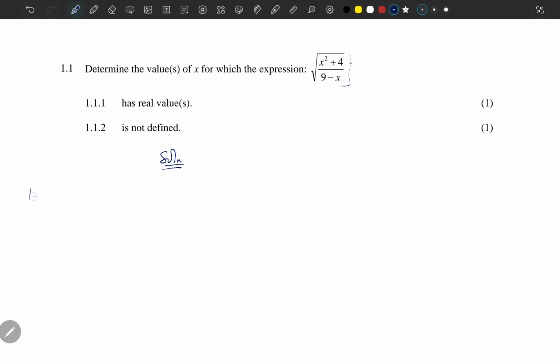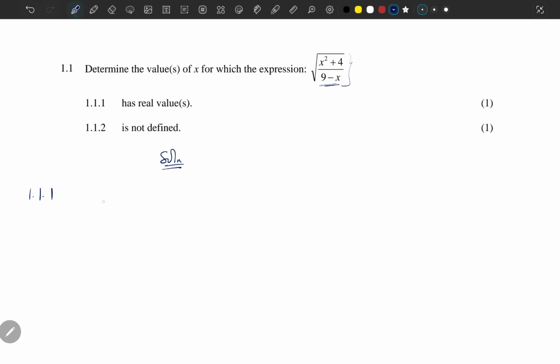Okay, so what we have here, our expression, part 1, if it needs to have real values, meaning the expression inside the radical must be greater than or equal to 0, including the denominator, and the denominator here must not be equal to 0.